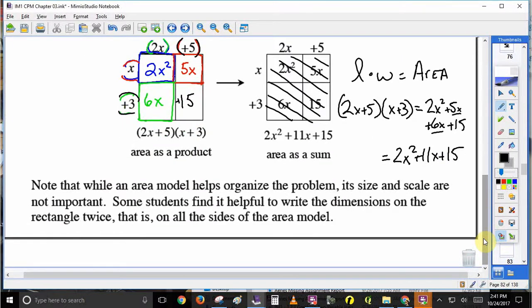Note that while an area model helps organize the problem, its size and scale are not important. Some students find it helpful to write the dimensions on the rectangle twice, that is on all sides of the area model. So if you wanted to say this is x here because it's x over here, or 3 here because it's 3 over here, or 2x here, or 5 here, that might be helpful for you.